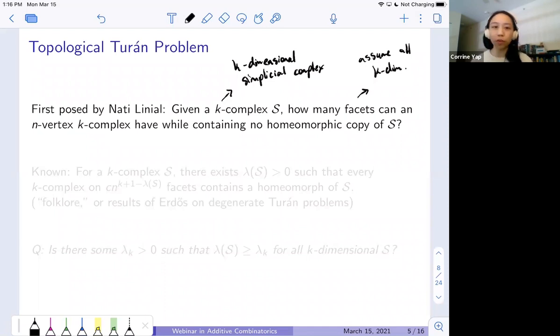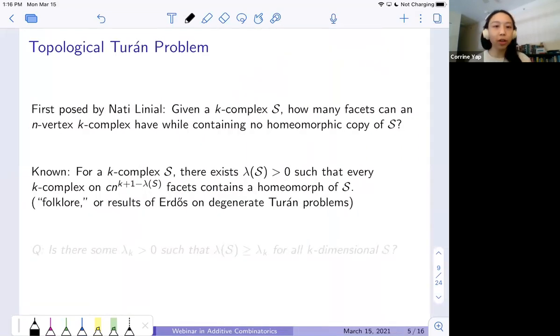And what was already known when Nati first posed this question? Well, it was already known that you can find a specific lambda of S, which is an exponent associated to any given K-complex S, such that some constant times n to the K plus 1 minus lambda of S facets is enough to find a homeomorph of S. So let me say why n to the K plus 1.